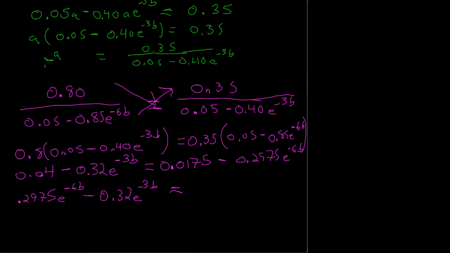I'm going to have this minus this, and this is a negative 0.0225. I'm getting closer. I've got my b up there, right? My b is separated, and I need to find a way of getting my b all on its own. Which means we're going to have to dive into our rules of exponents and logarithms.